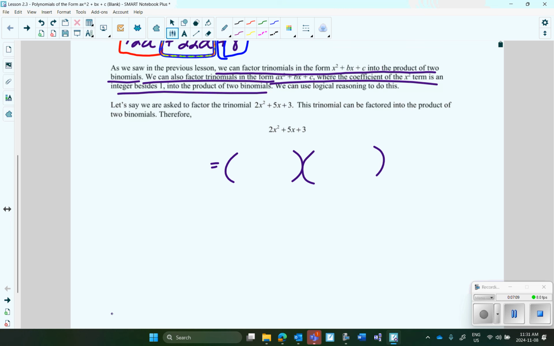So remember what I said when we did the multiplication, because now you think in reverse. These two have to multiply to get this. What's the only possible pair of expressions that multiply to get 2x squared? Each one's got to have an x. 2x and x.